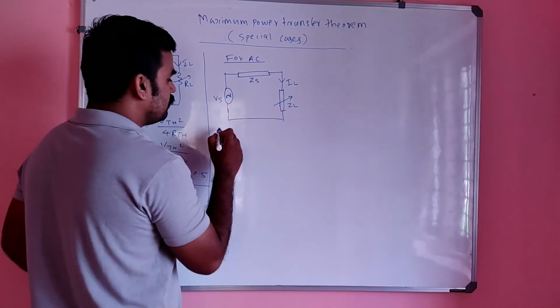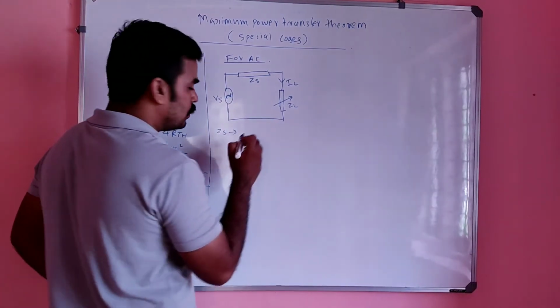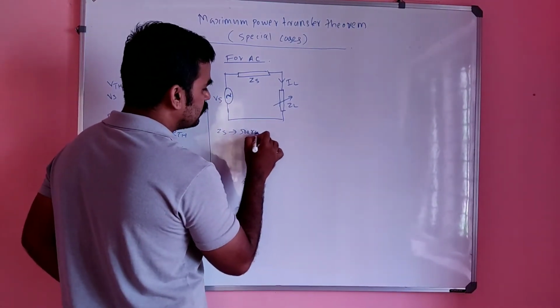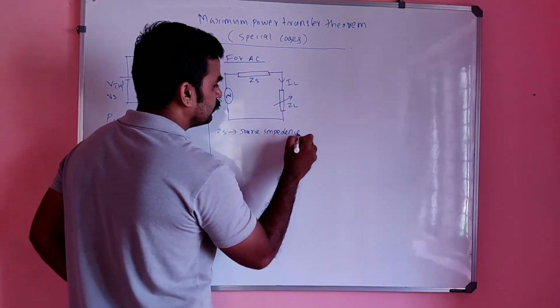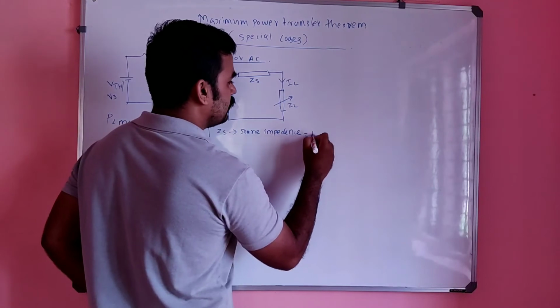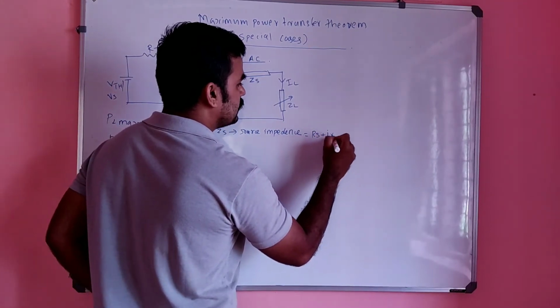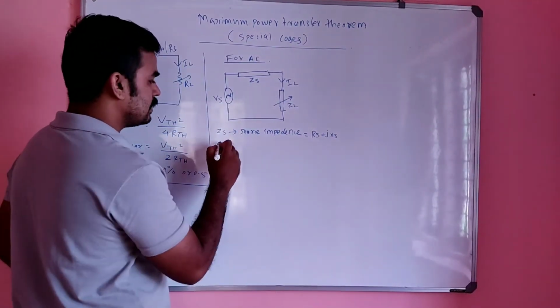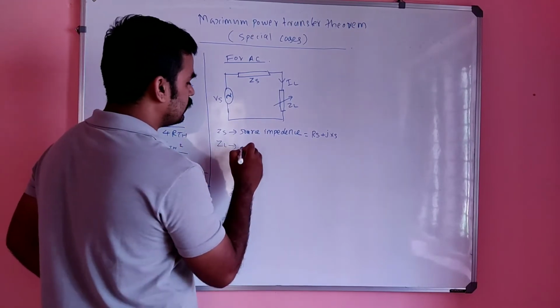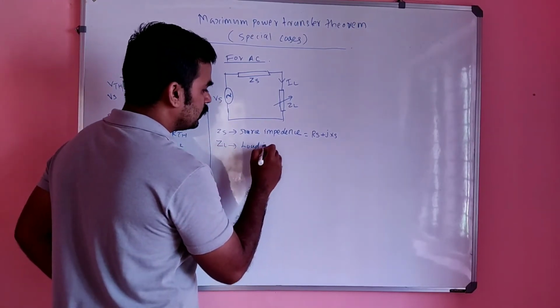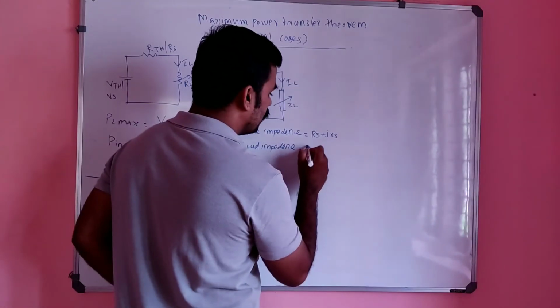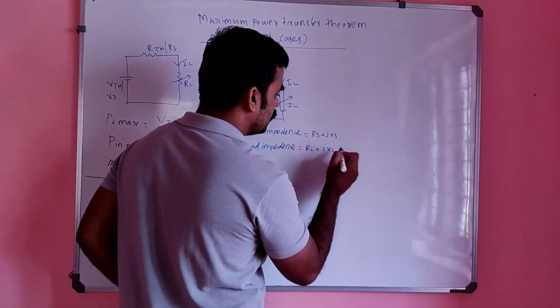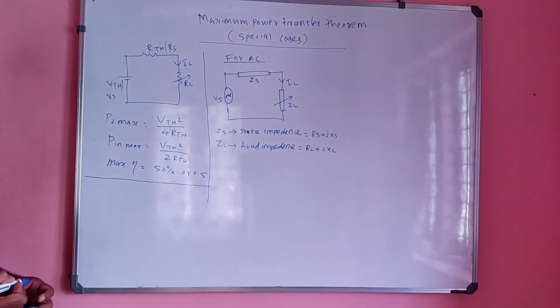Zs is nothing but the source impedance, right? Which is nothing but Rs plus jXs. And ZL is the load impedance, which is nothing but RL plus j XL.